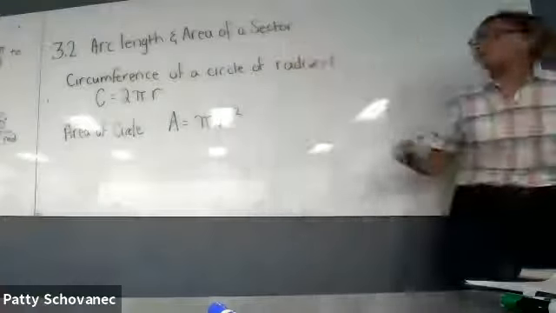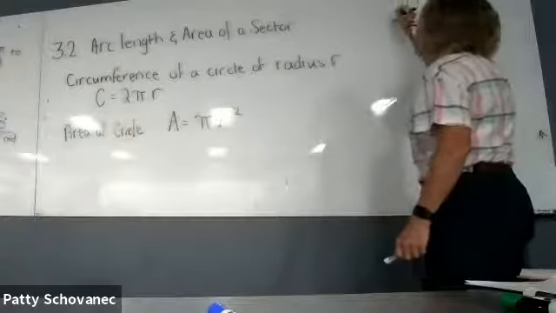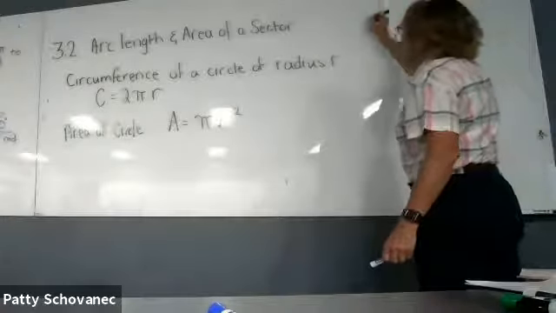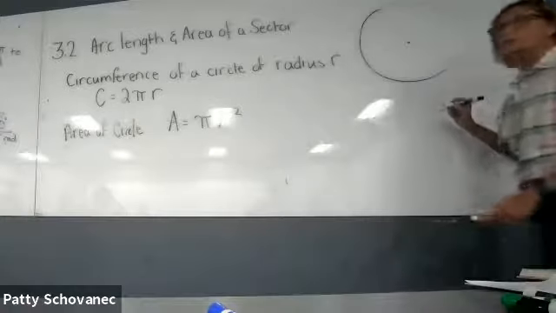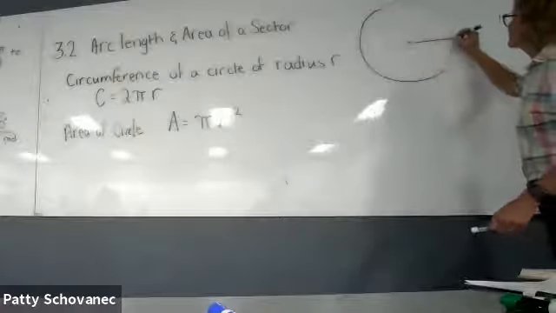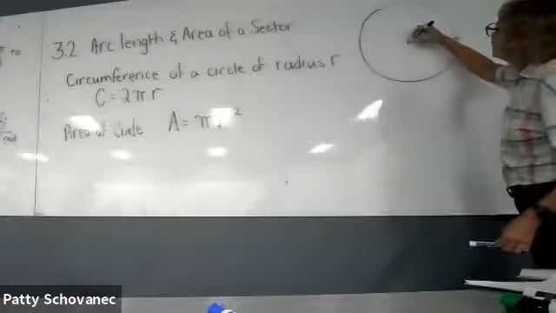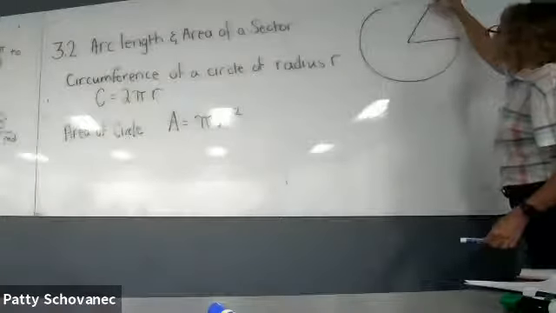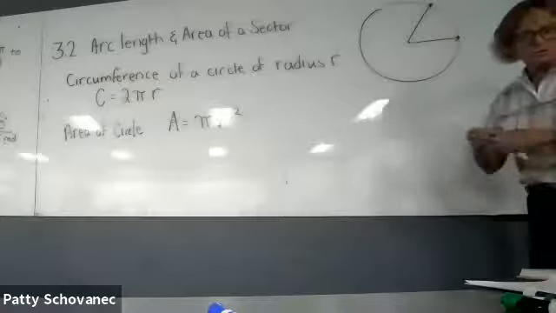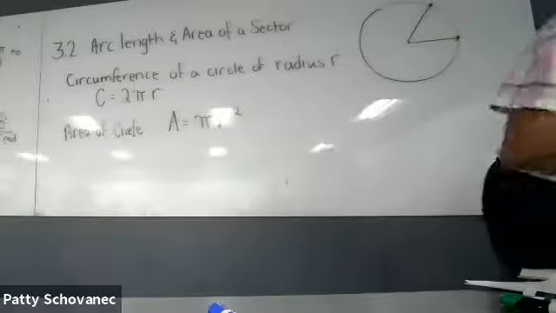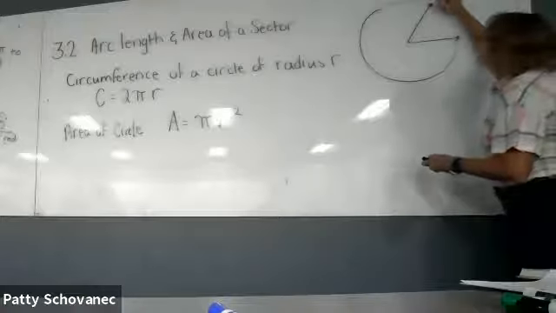What we're going to be working on is if I have an entire circle, here's the center of that circle. Maybe I know the radius, and I just cut off part of the circle from here to here. Then I'm interested in finding how long this arc is.